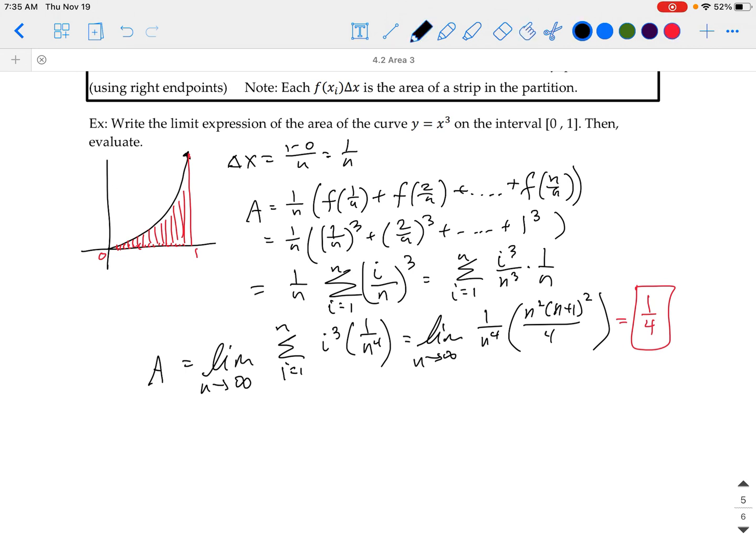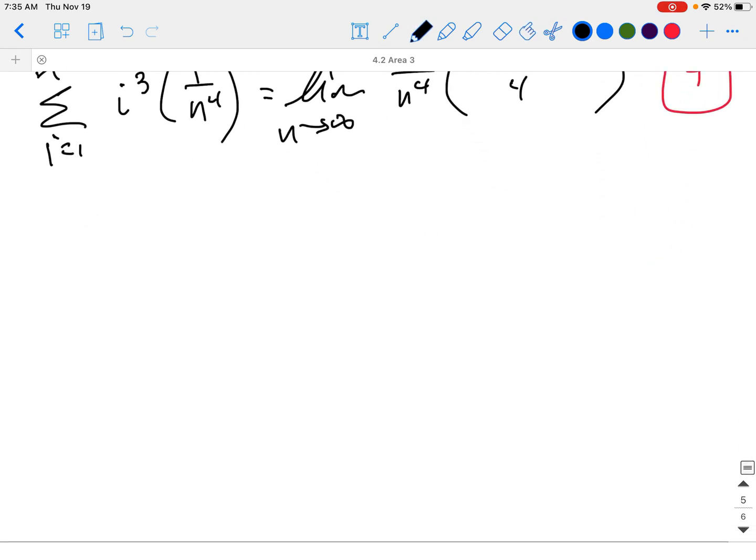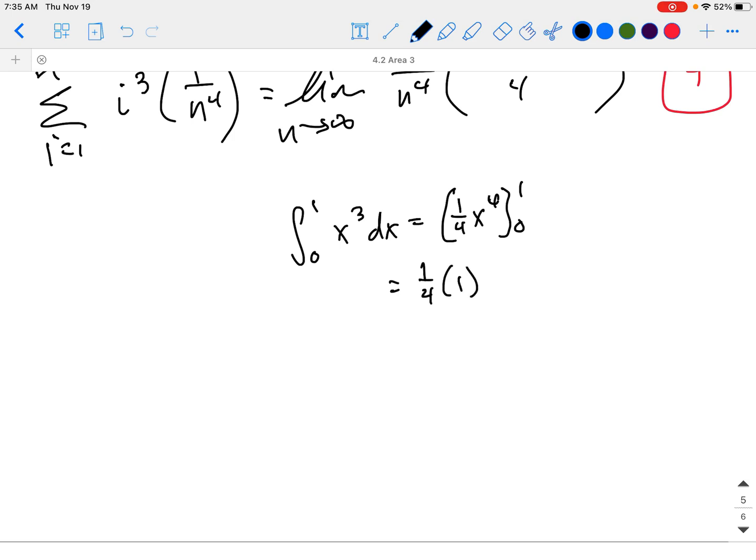And again, I'll just note where we're headed, which is we're going to simplify this into simply the integral from 0 to 1 of x cubed dx. Take the antiderivative, and then evaluate its difference at each point.